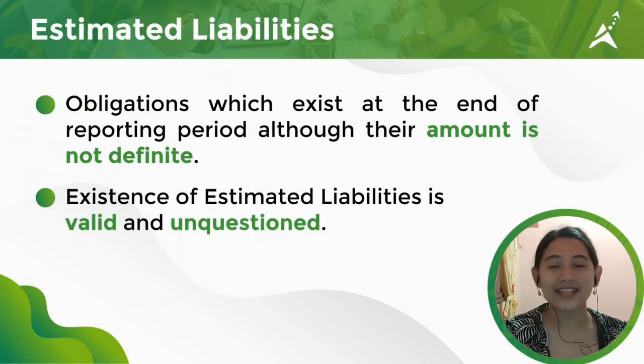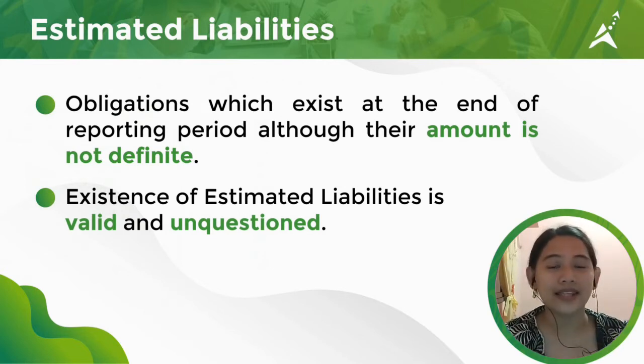Now, let's discuss some other accounts that are interconnected with liabilities. First, estimated liabilities. What are these? These are obligations that exist at the end of the reporting period, although their amount is not definite. Meaning to say, there is a liability or an obligation, but hindi natin alam kung magkano nga ba yung exact amount ng babayaran natin.